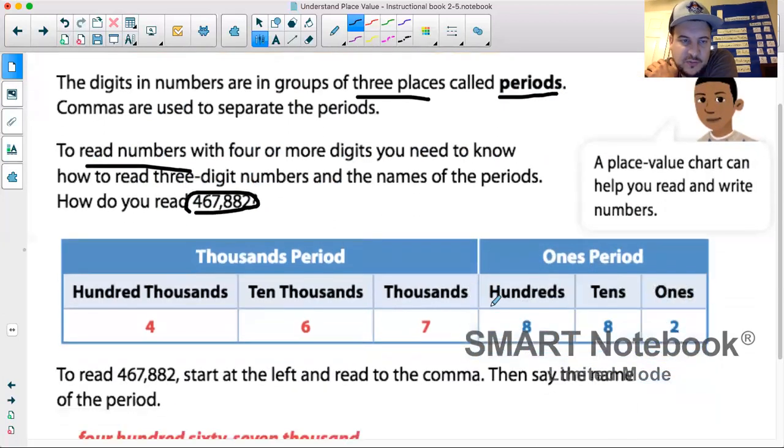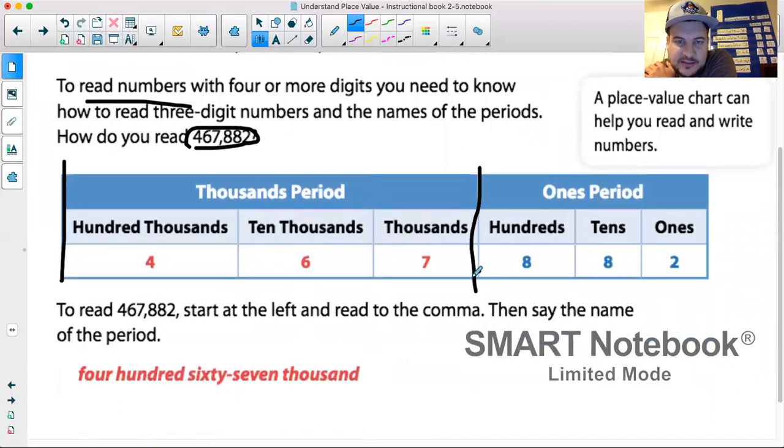We're dealing with 2 periods here because I have 1 comma. So I have the ones period and I have the thousands period. Whenever I get 3 digits, I add a comma. So there would be a comma here. And after the thousands period comes the millions period, but we don't have any numbers there. So we're just going to deal with these.